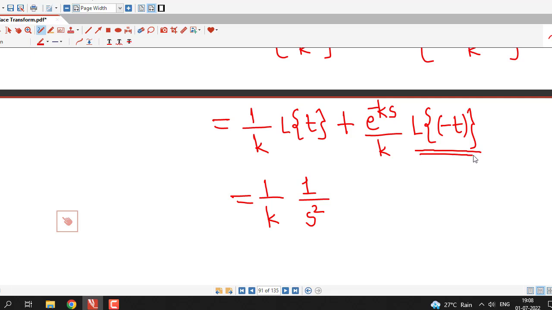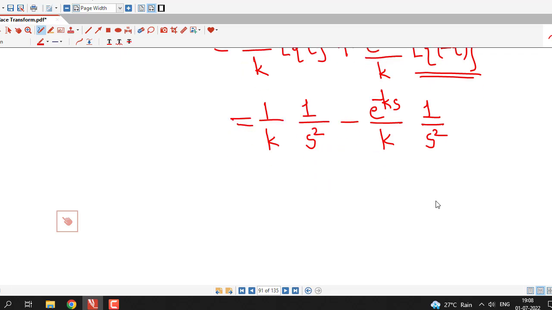The Laplace transform of minus t is minus of the Laplace transform of t, e raised to minus ks divided by k as it is, this negative sign outside, into the Laplace transform of t, which is 1 by s square. So finally we obtain 1 minus e raised to minus ks divided by k into s square.